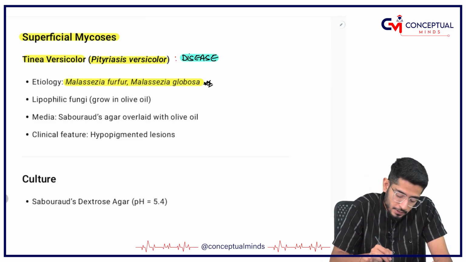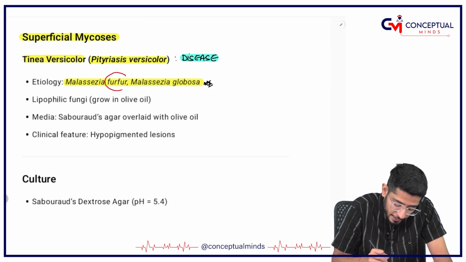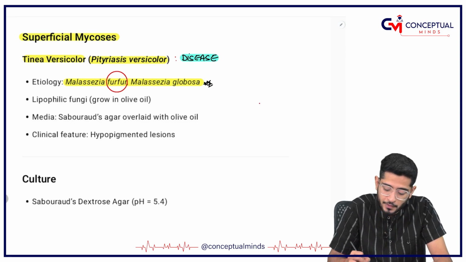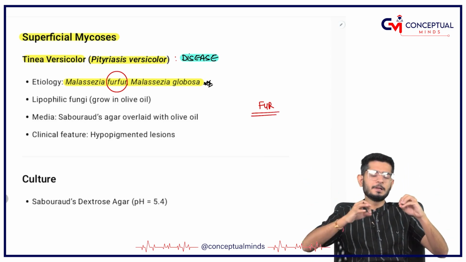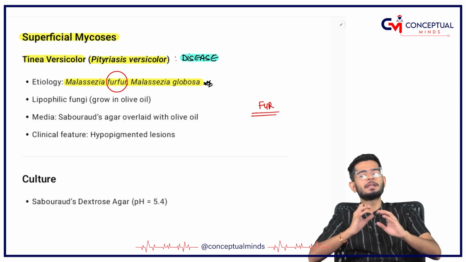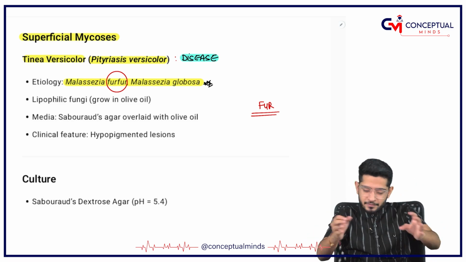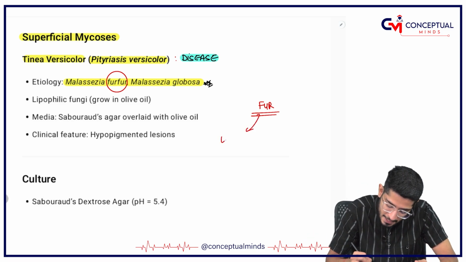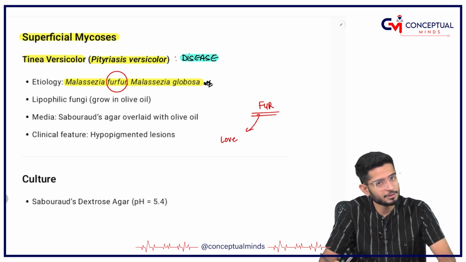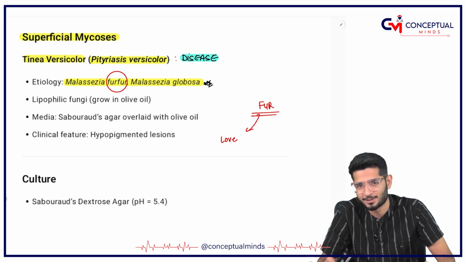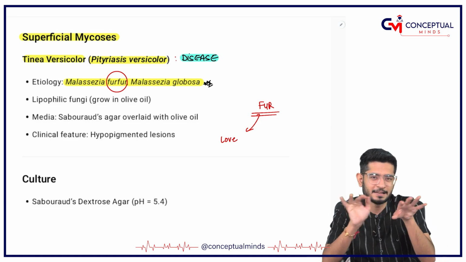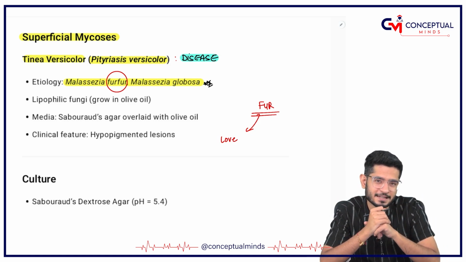Now we will take this word ahead, furfur. Fur means being very light, soft texture. Everybody loves that. Love the fur, right? The furry one, the light clothes, the light texture.